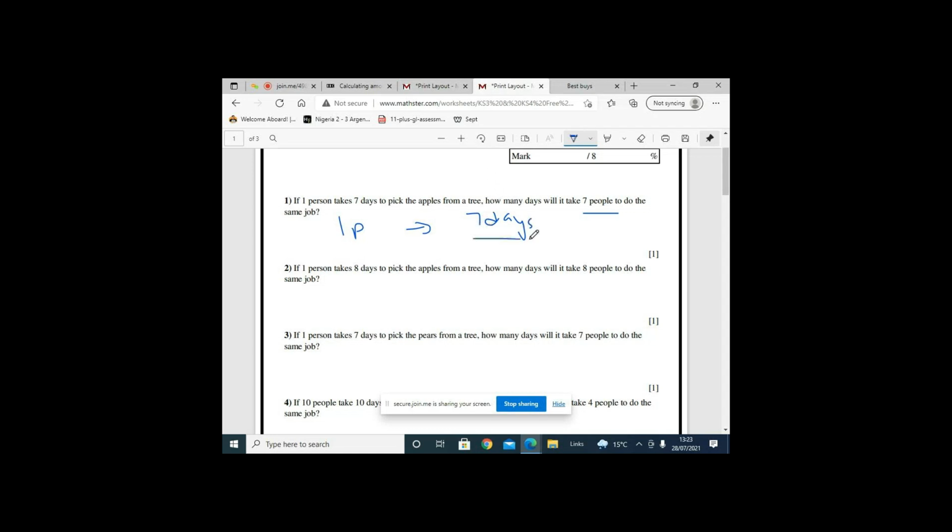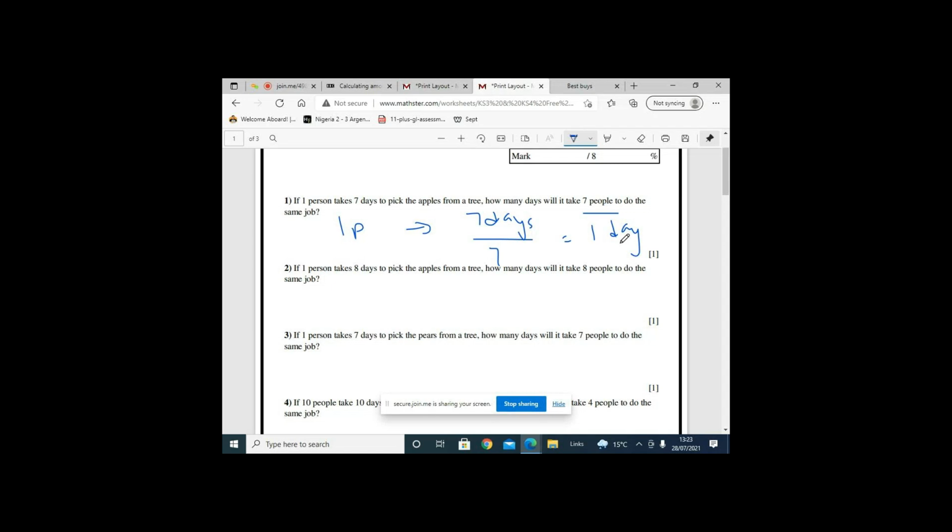So you just need to divide by 7, and it's going to be 1 day. As there are more people, the number of days is decreasing. So that is inverse proportion. You have to understand the concept that as one value is going up, the other is decreasing.